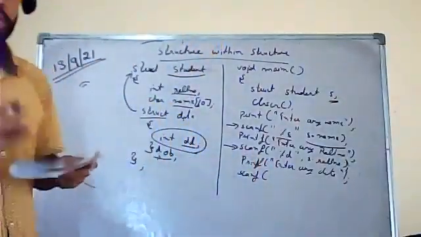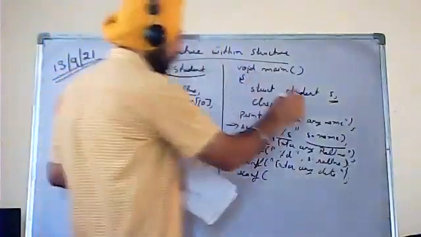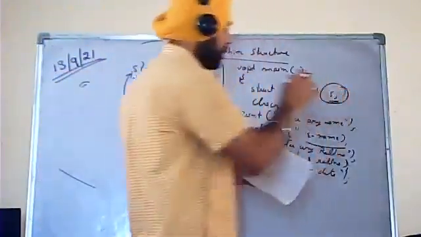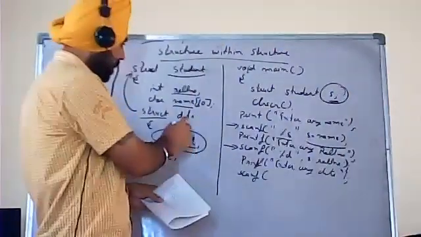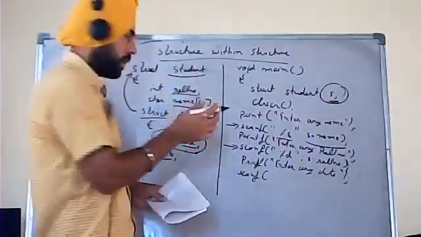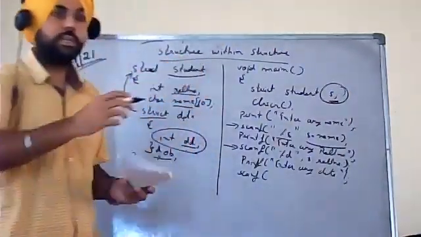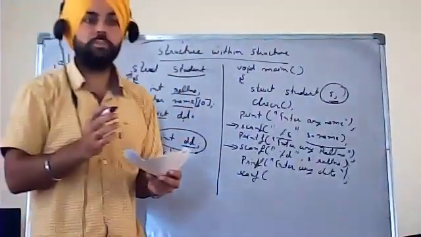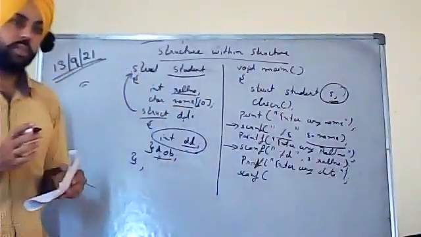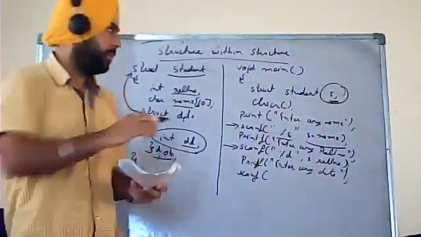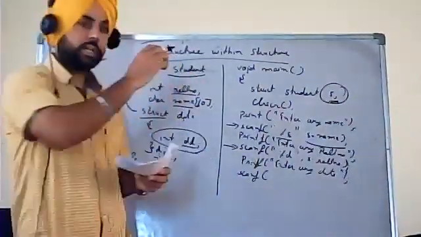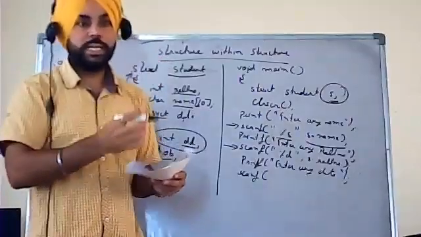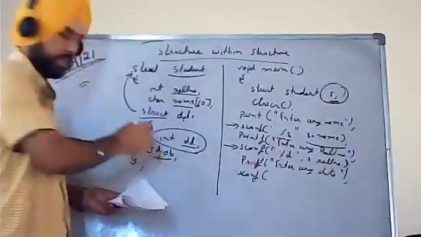We first call the first structure, because this inside structure belongs to which structure? The first structure, that is student, because this date structure belongs to the student structure. So we first call the student structure, means the student object.